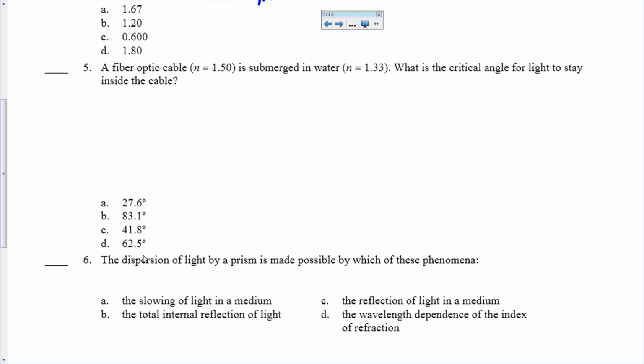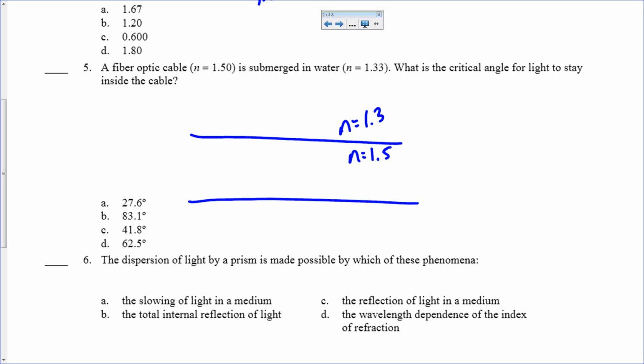Fiber optic cable is submerged in water. What is the critical angle for light to stay inside the cable? So this is my cable. This is n equals 1.5. This is n equals 1.33. So my light ray comes up here. I want to know what is this angle to cause the light ray to go at 90 degrees. So that's 1.5 sine of theta equals 1.33 sine of 90.